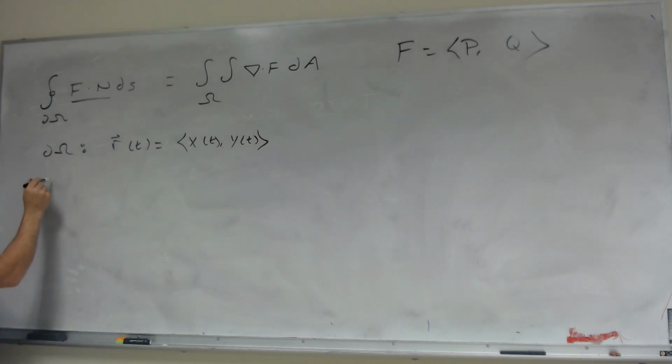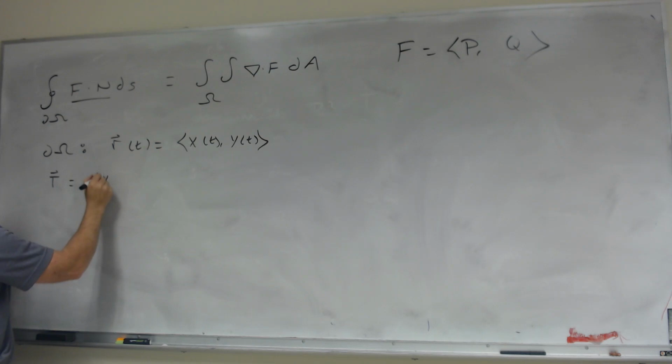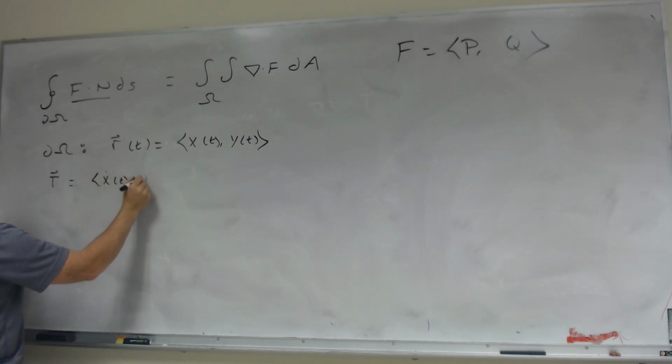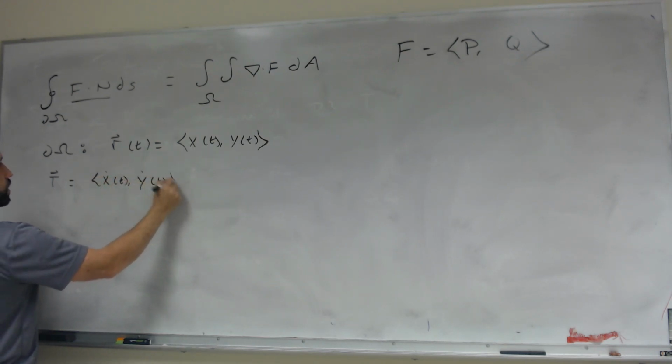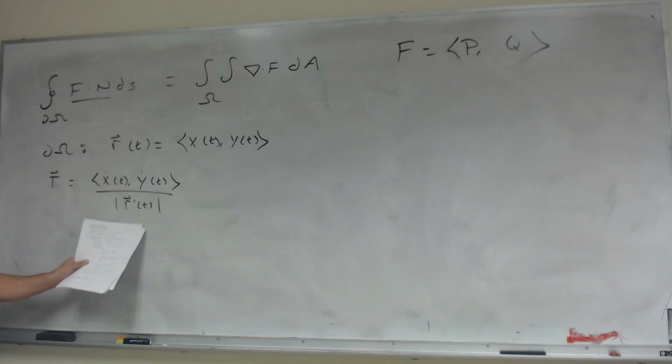And so what this means is that the tangent vector, I'm just going to write it as T, is going to be equal to x dot of t, y dot of t, divided by the magnitude of r prime of t.